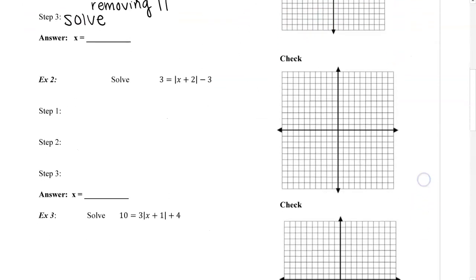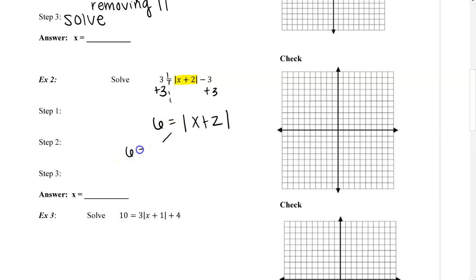Okay, next example. We want to isolate the absolute value bars. Again, we don't care what's inside the absolute value bars, we're just isolating them. So we're going to add 3 to get 6 equals the absolute value of x plus 2. Once you've gotten the absolute value bars by itself, you are going to write two equations.